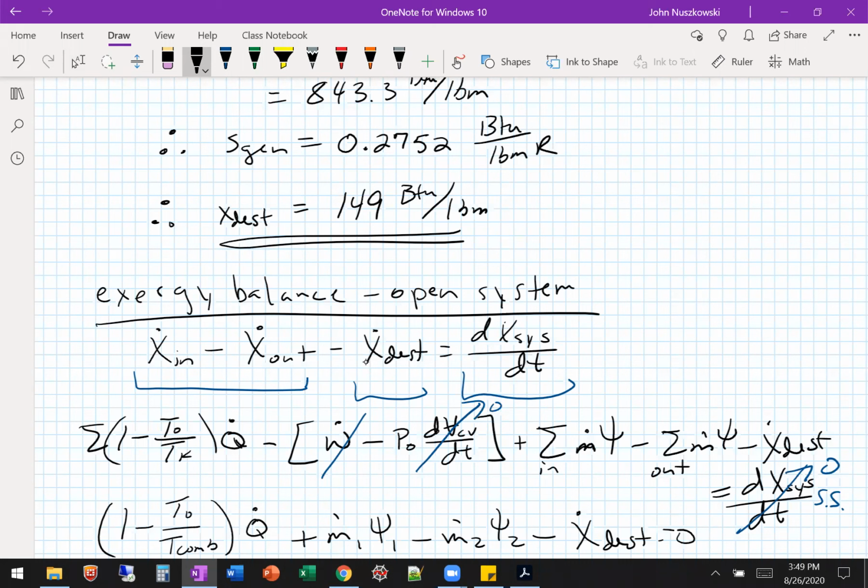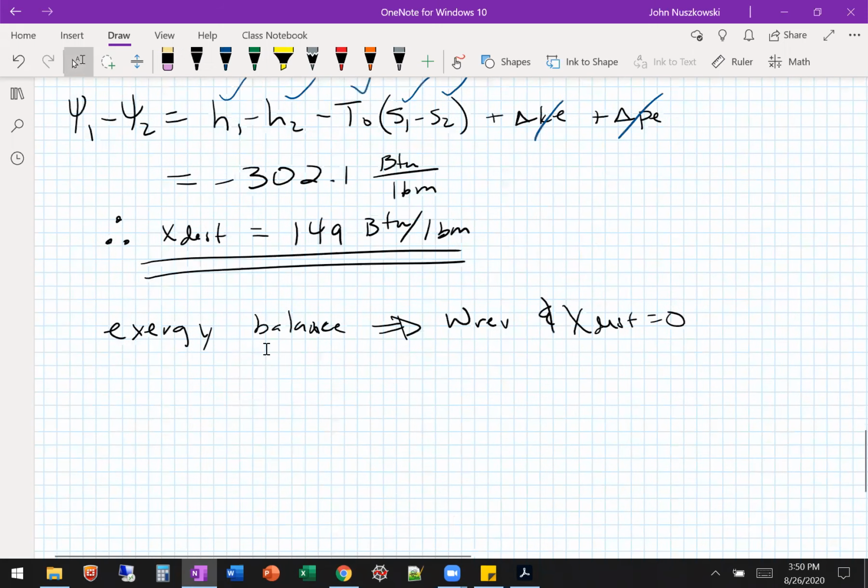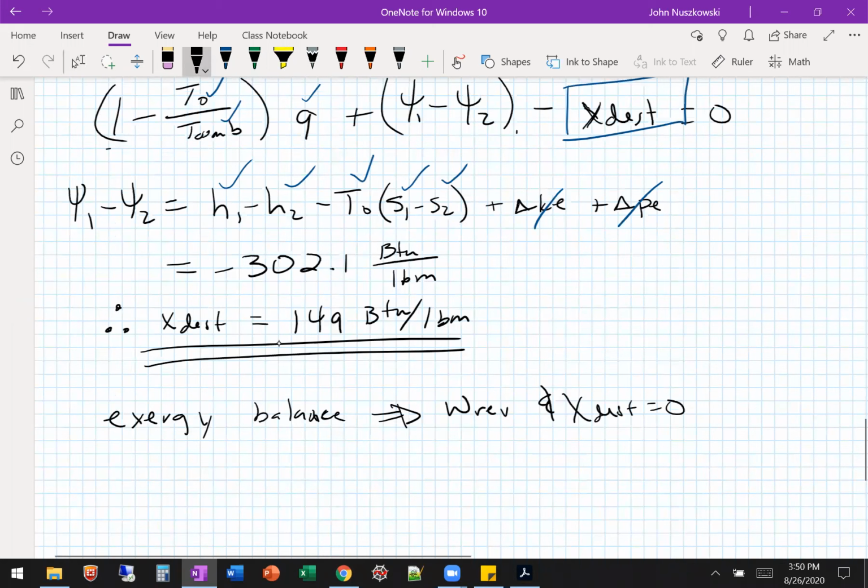But on this reversible one, now you have work there, and then you have flow exergy entering and leaving, but there's no X destroyed because it's now reversible, so it's 0. Okay, so you would just solve, and you would end up seeing that work reversible will end up being equal to this. If you go down that, which we'll go through the steps for doing the work reversible on the next one. But if you go through the exergy balance and do that, you'll get this.